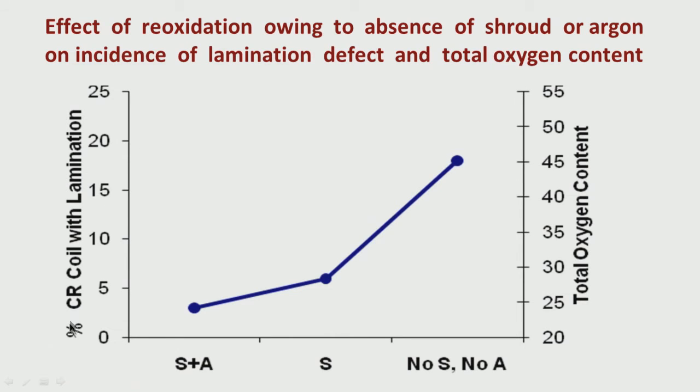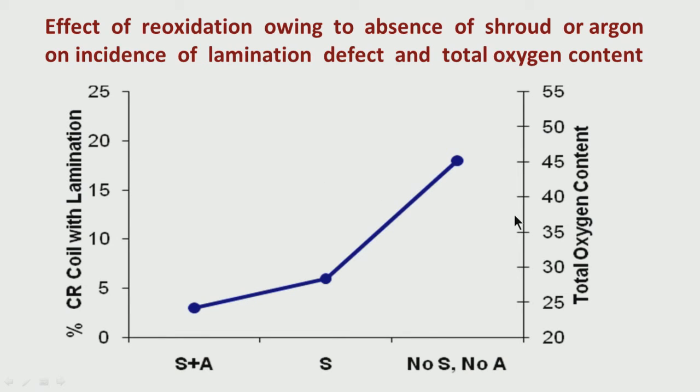Now, on this side I have shown, if we have a higher amount of total oxygen, the final CR, the cold rolled coil, whatever final product we are producing, will have lamination type of defect, which is generated from the alumina inclusions.